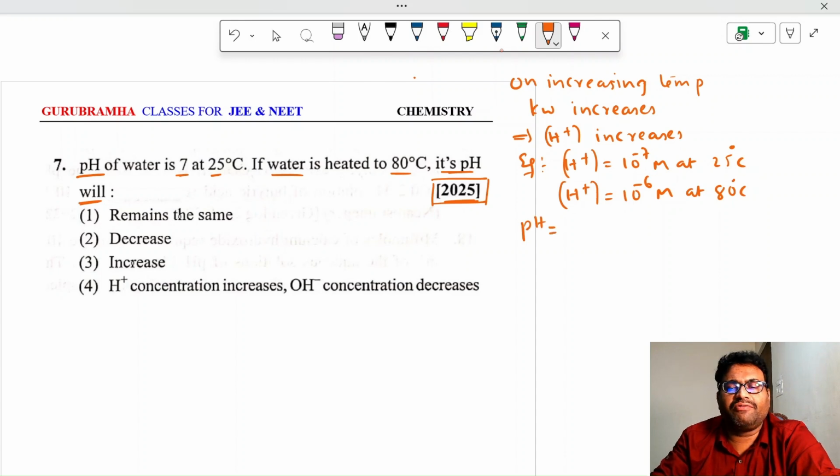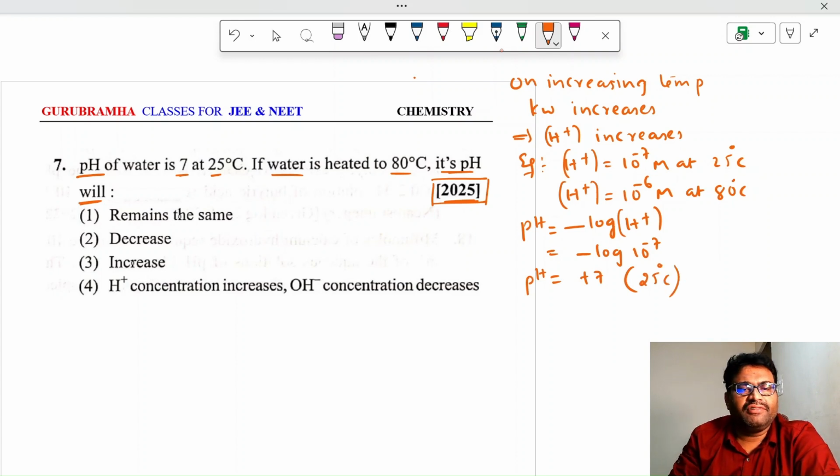So pH is equal to minus log H plus ion concentration, minus log 10 power minus 7, that is equal to 7 pH. At what temperature? 25 degrees centigrade. Let us see at 80 degrees centigrade. H plus ion concentration, we have seen that it is 10 power minus 6 molar. Then pH will be equal to minus log 10 power minus 6, that is equal to 6.